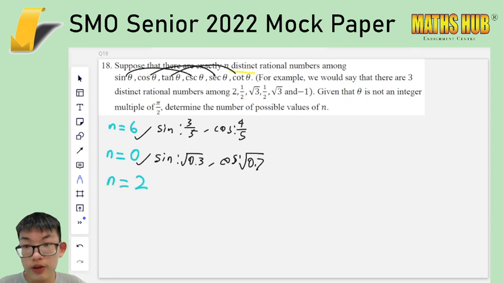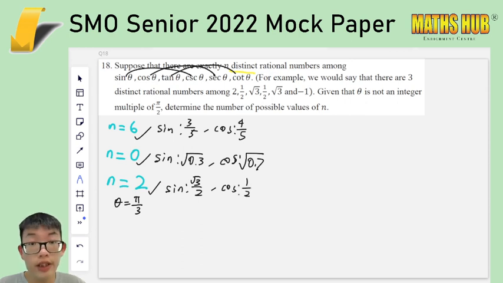If n equals 2, then one of our special cases, like let's say theta equals pi over 3, which is 60 degrees, would work because sine would be irrational, root 3 over 2, but cosine would be rational. And if cosine is rational, that means that its reciprocal would also be rational, but the others will not.